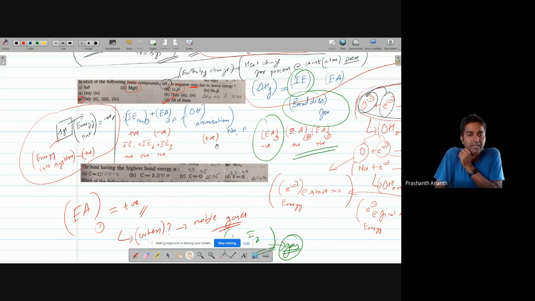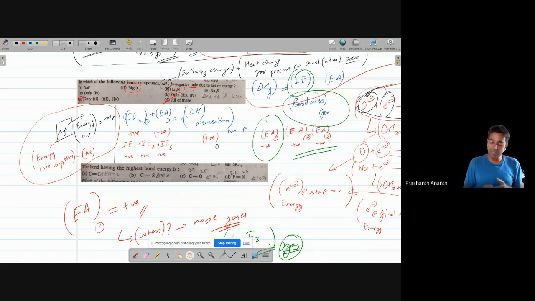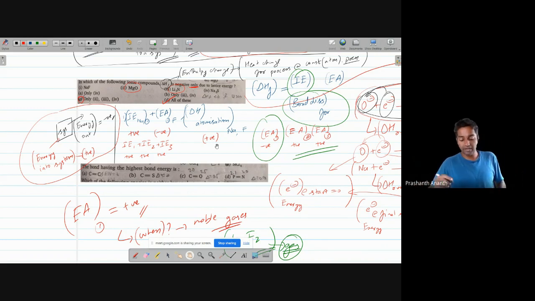But Na2S I think will be okay. It might be less than NaF, certainly, but it will not have as much covalent character as Li3N. Li3N will have substantially higher covalent character. That is something you have to think about when considering lattice energy as well.